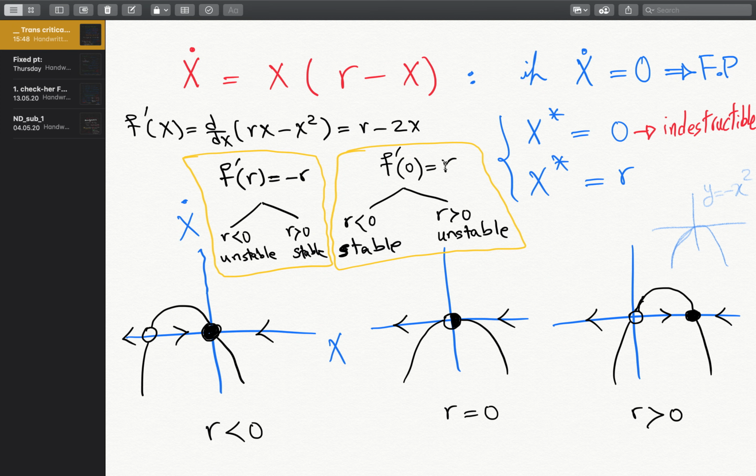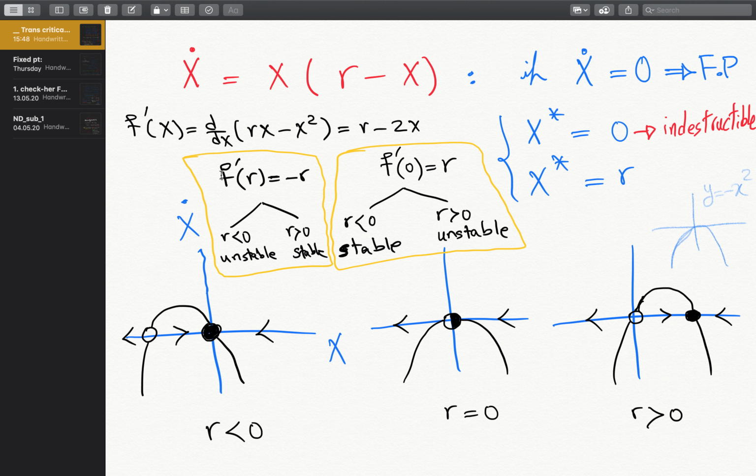If r is positive in this form, the fixed point is unstable because f prime is positive. And if r is negative, the f prime of that fixed point is negative, therefore it is stable.